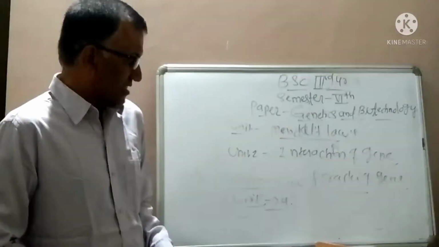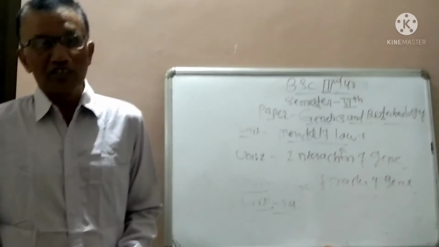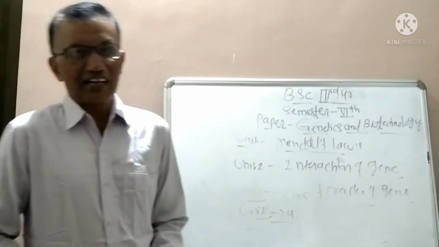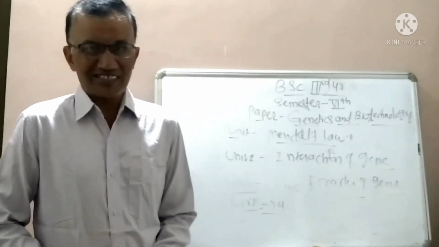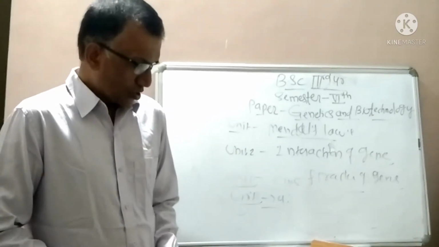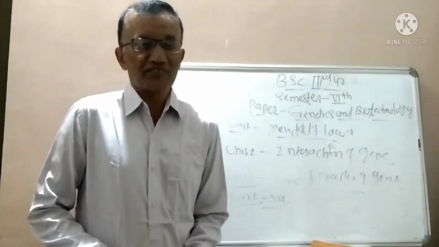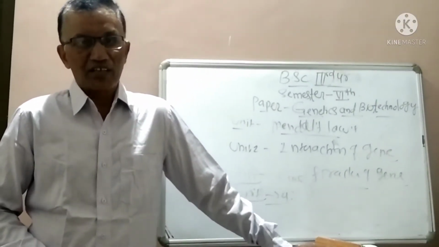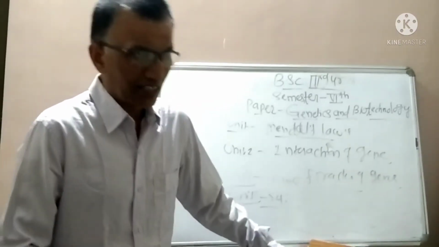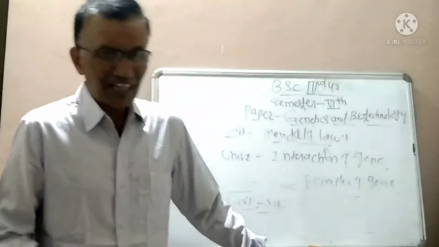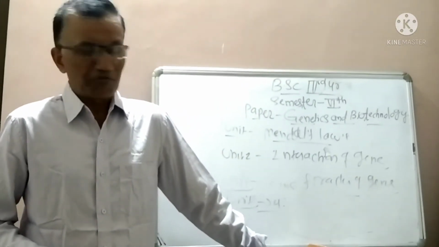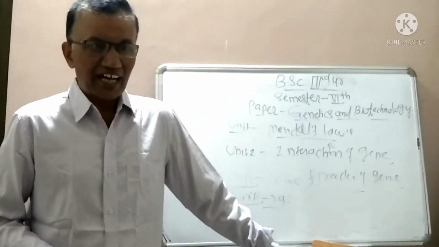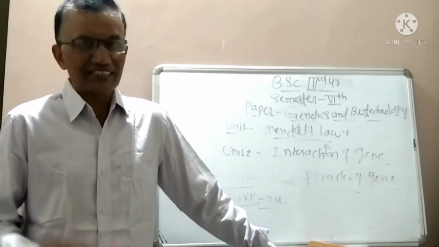After that, you have to go through the remaining important chapter, which is an easy one, that is sex determination. While studying this chapter, you have to understand what is meant by sex determination, and how sex is determined in plants, animals and human beings, that is in insects and birds.